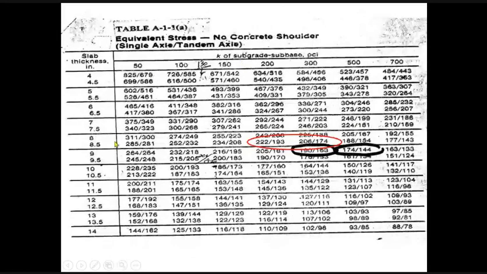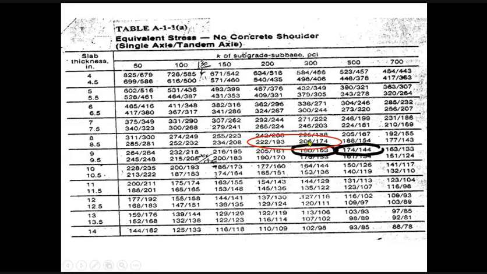Now, since I've assumed 8.5, my equivalent stress is 222 for 200 and 206 for 300, and this is the value for single axle, and the other is the tandem axle value. So equivalent stress for single axle load is between 222 and 206.